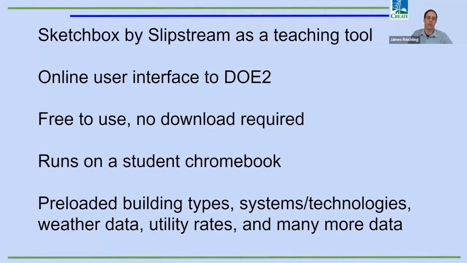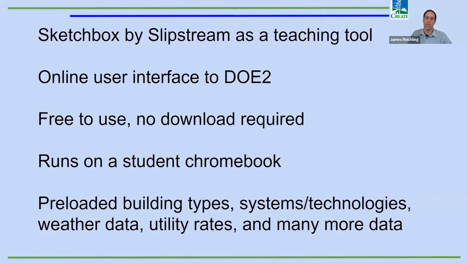I'll mention also that Sketchbox also has preloaded data of many types, and we'll see those as we start to work through. You can specify a building type and all of the typical industry design parameters that come with that. And you can specify systems and technologies, so the type of heating system, the type of cooling system. Just like I mentioned for DOE2, you set the location, so you actually set a state and the nearest major city so that you're sure that you're getting weather information that's as close as possible to your location.